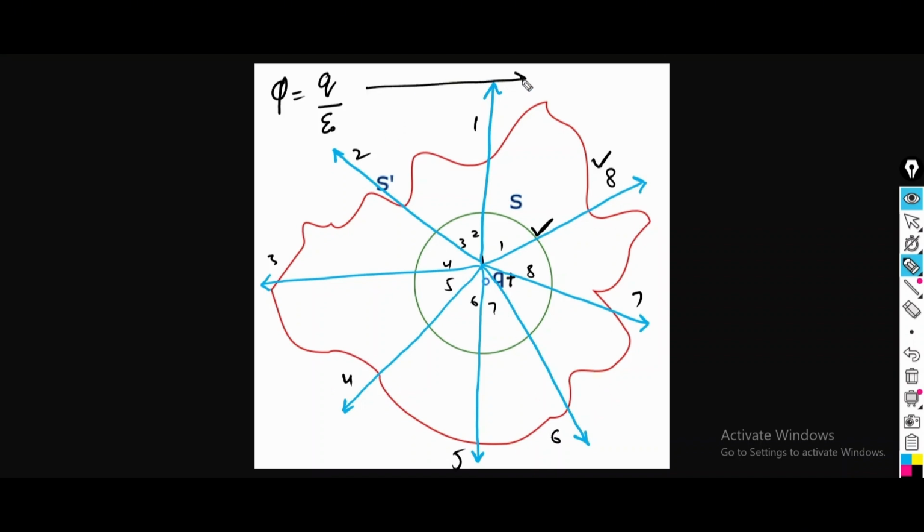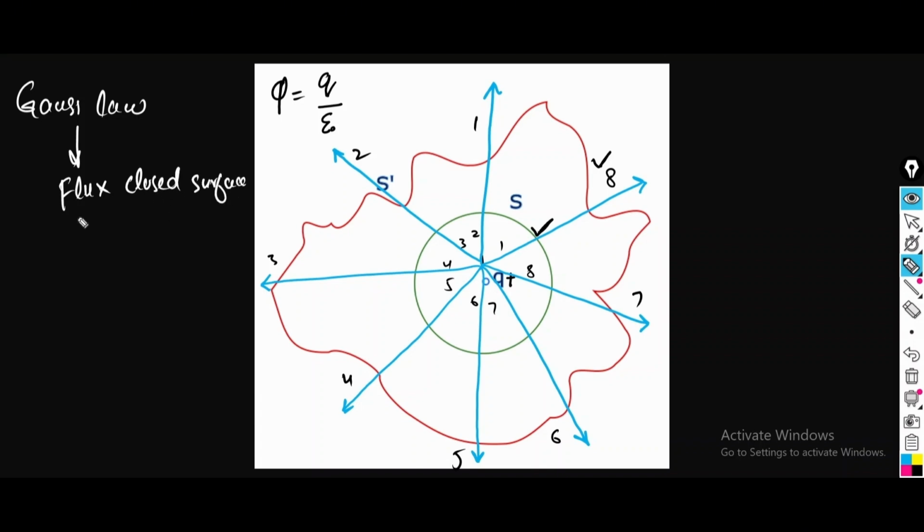So according to the Gauss law, the flux through a closed surface does not depend upon the shape of that closed surface.